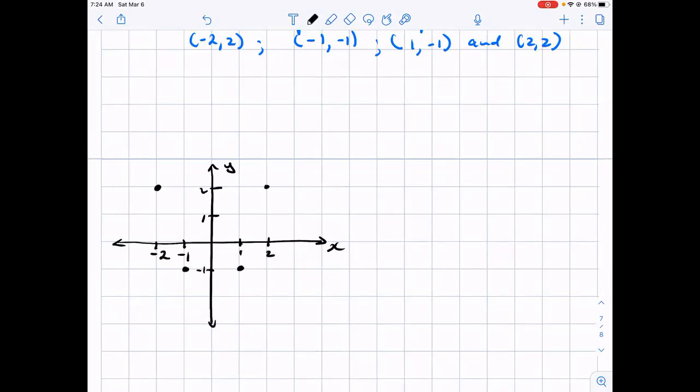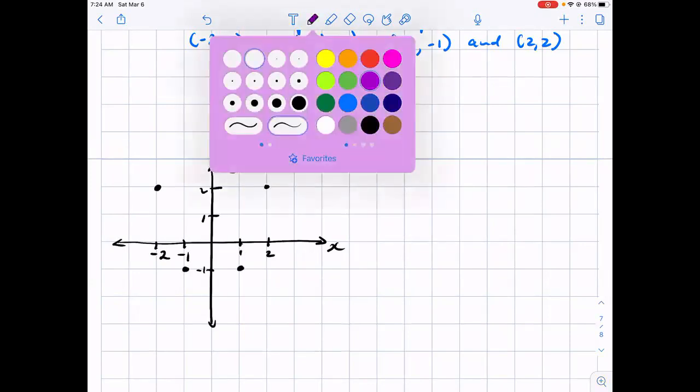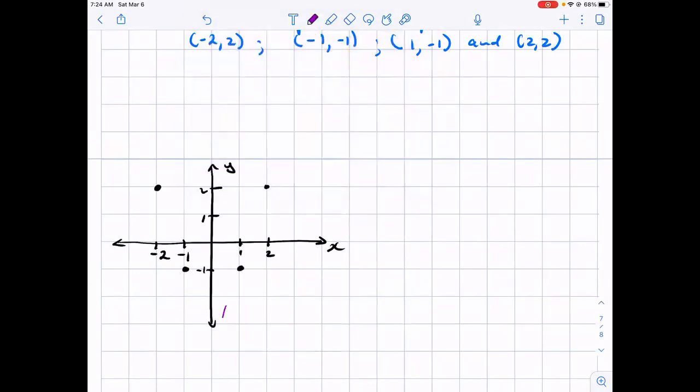So notice here also, we could have thought a possibility is that maybe, just maybe, my graph looks like this. Okay, maybe. So that's a possibility.